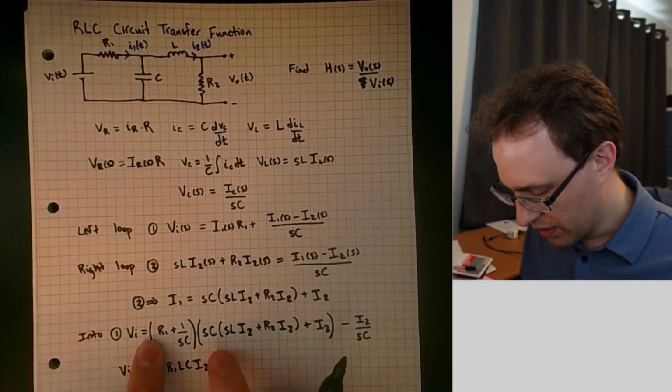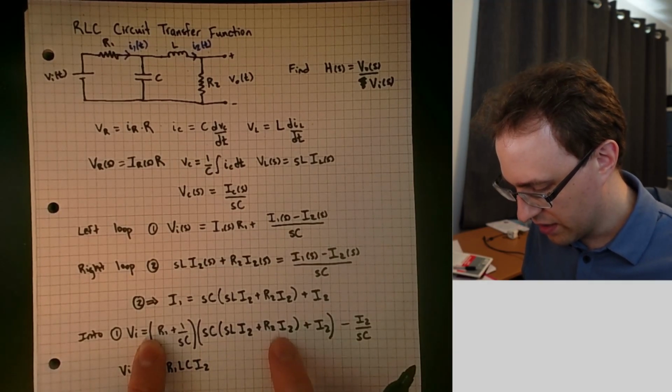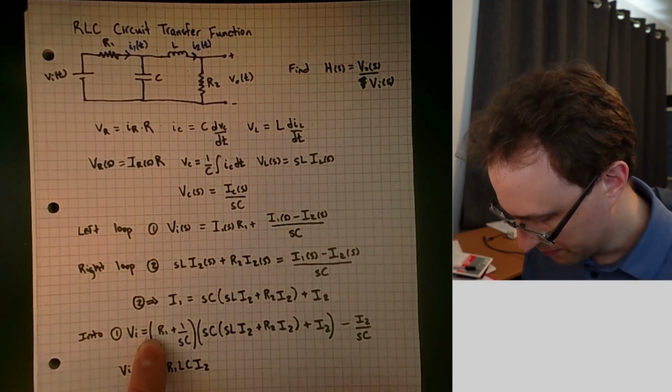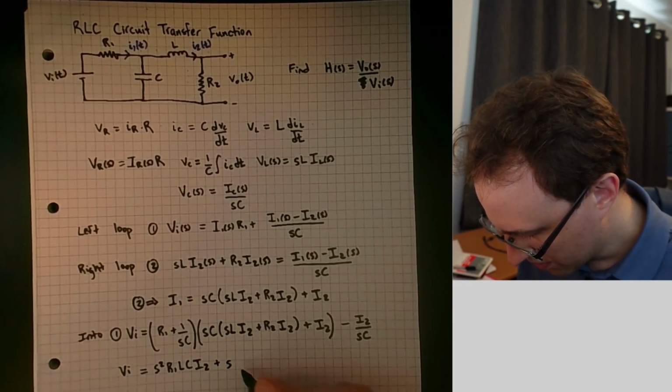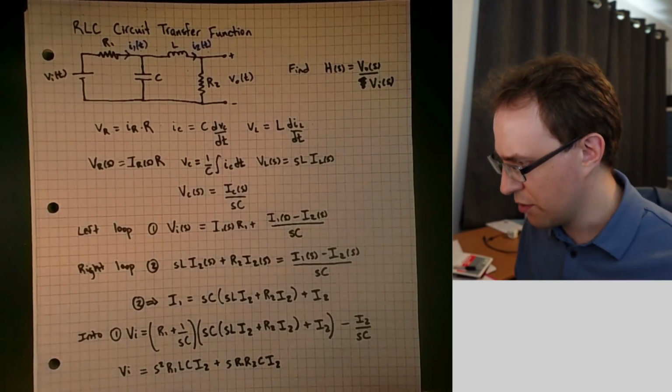We get R1 times SC times R2 I2. So we get plus S R1 R2 C I2.